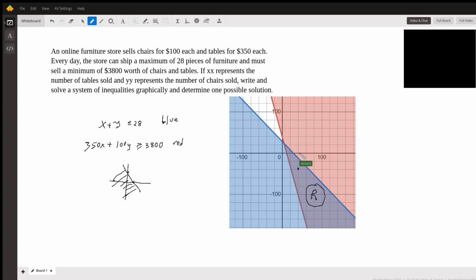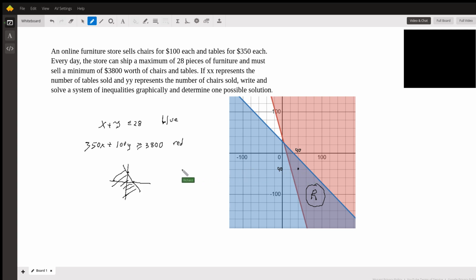Let's see, 20, 40, 60, 80, 100, right? So this is going to be 40 here and 40 here. So this lies within the solution region, 40 comma negative 40.